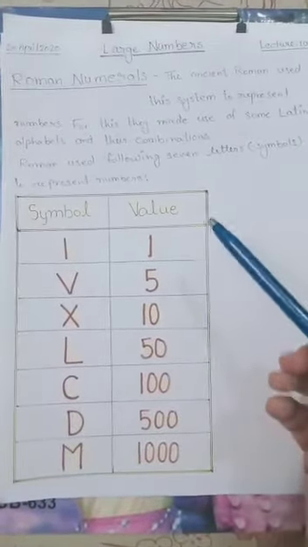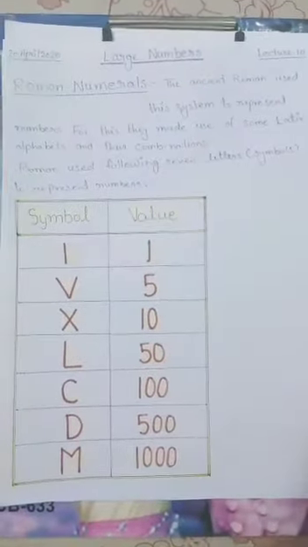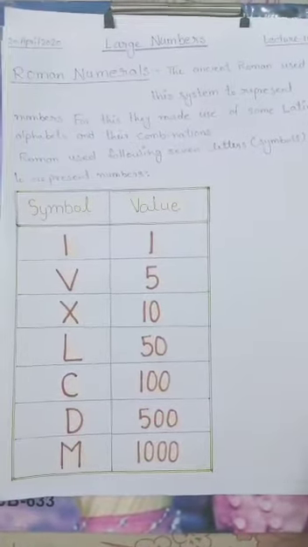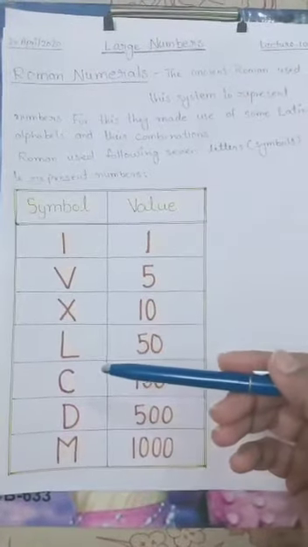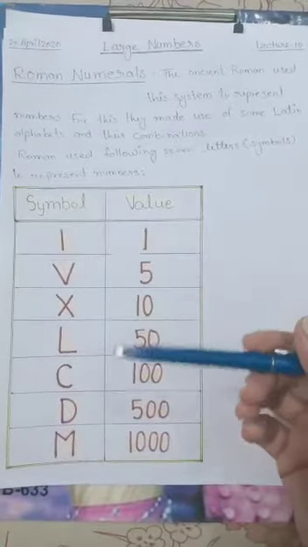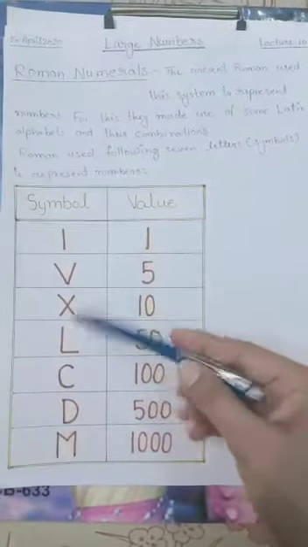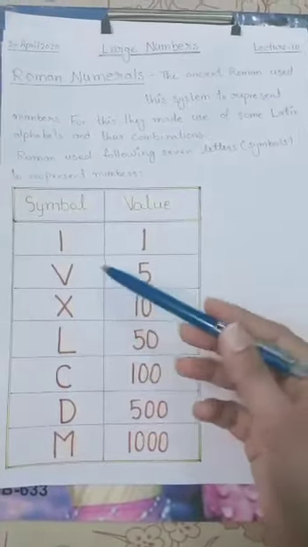What did we learn yesterday? We learned about Roman numerals. The ancient Romans used this system to represent numbers. For this, they made use of some Latin alphabets and their combinations. Romans used the following 7 letters.